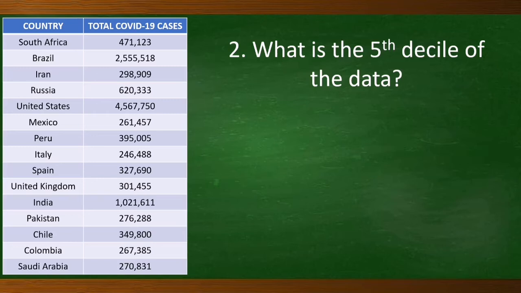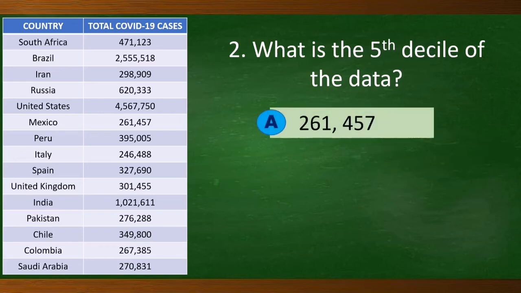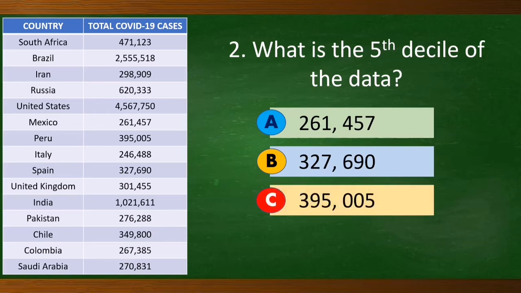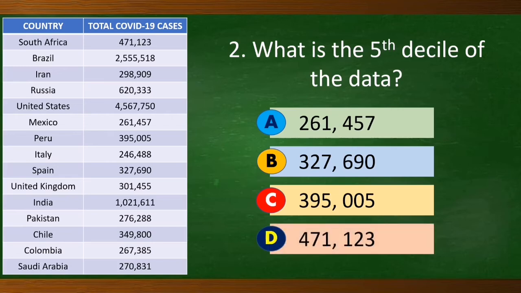Item number 2. What is the fifth decile of the data? A. 261,457. B. 327,690. C. 395,005. Or D. 471,123.